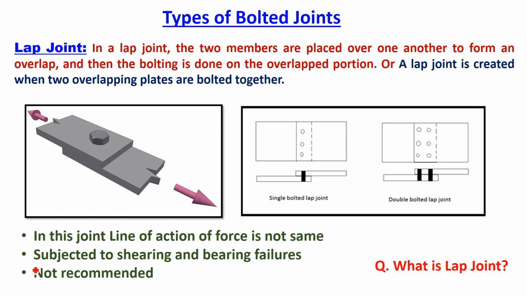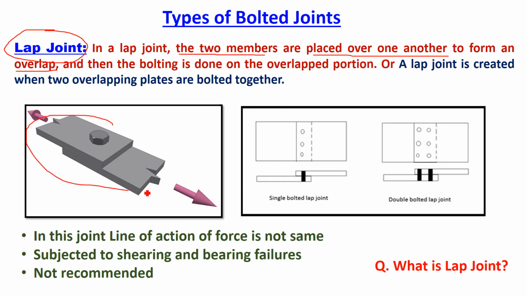Then there are different types of bolted joints. There are mainly two joints. The first joint is called a lap joint and the second is called a butt joint. In a lap joint, the two plates or two members are placed over one another to form an overlap.